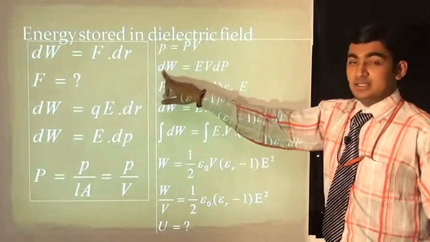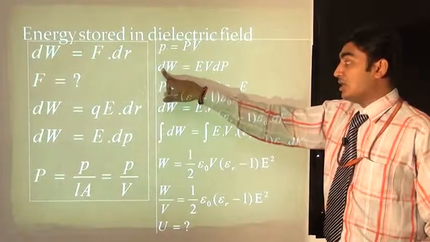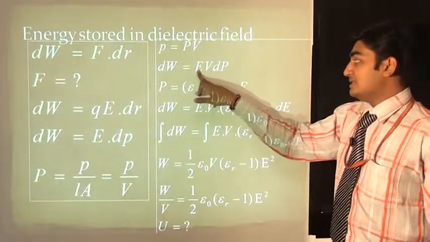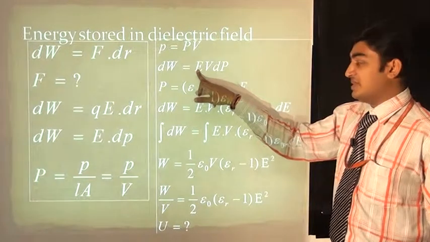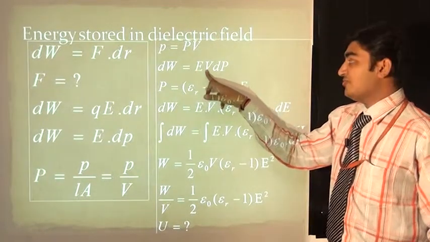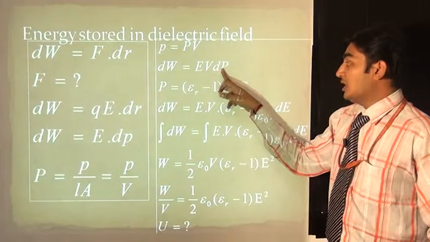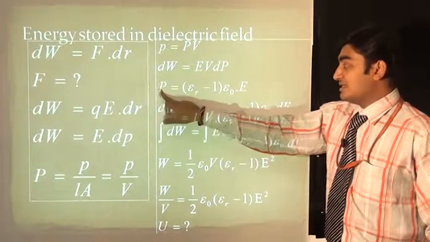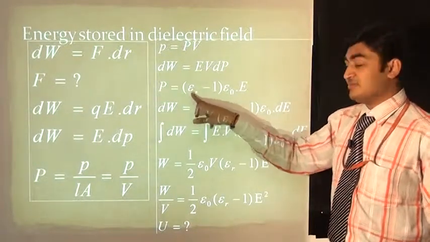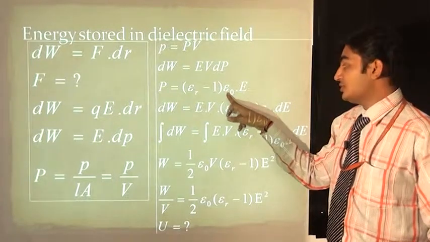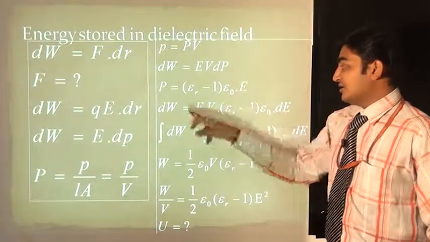volume, which gives work equal to the energy stored: electric field applied into the volume of the capacitor into polarization. Polarization is equal to epsilon r minus 1 into epsilon 0 into electric field.